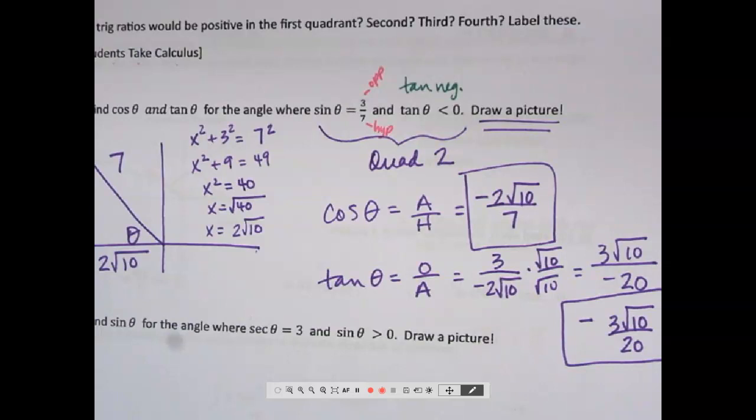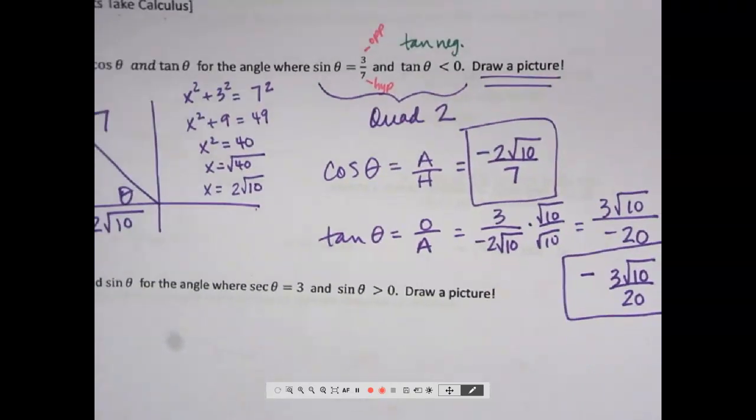Any other questions? And then I thought someone might say, can you multiply by negative 2 square root of 10 top and bottom? Yes. You'll just have a fraction that will have to be reduced, and then you will end up with this fraction. Okay? All right, any questions? Okay, let's tackle the next one.